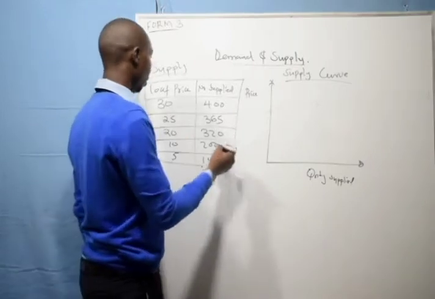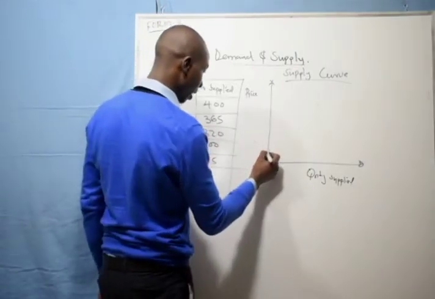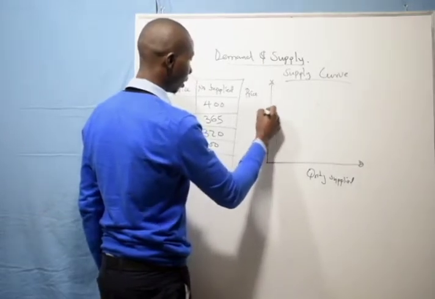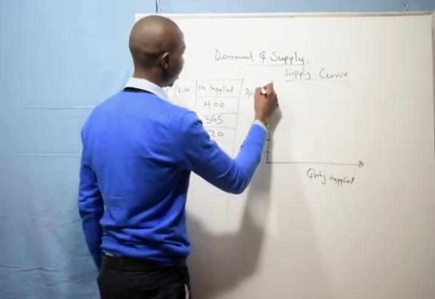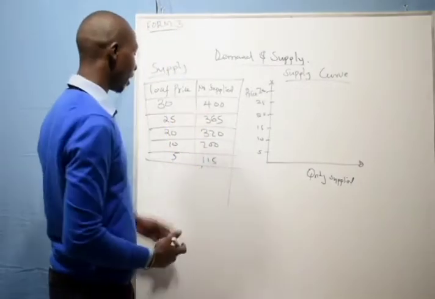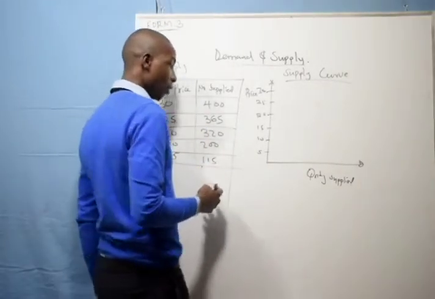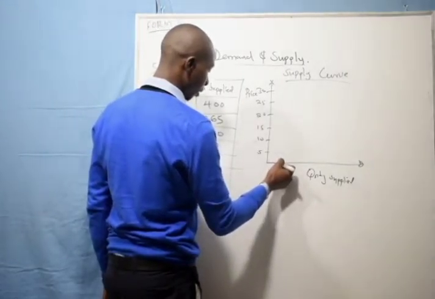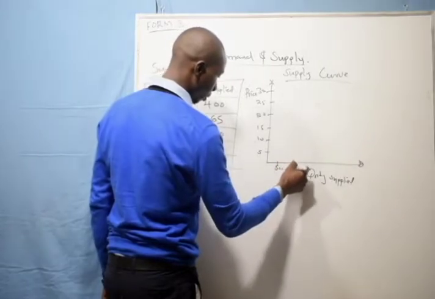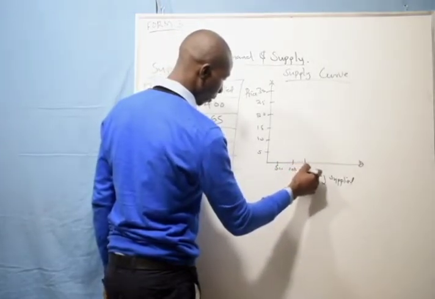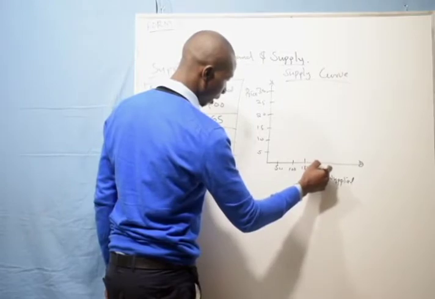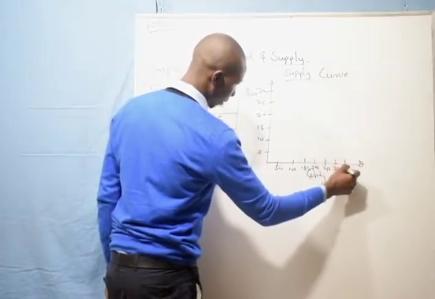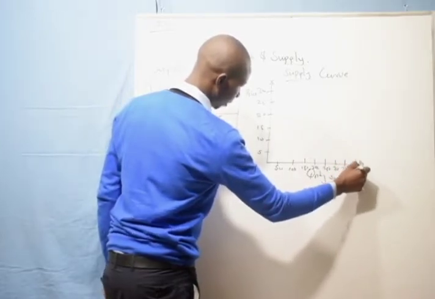We have 5, 10, 15, 20, 25, 30 on one side. On the other side, we arrange 100 to 400, with divisions of 50: 100, 150, 200, 250, 300, 350, 400.